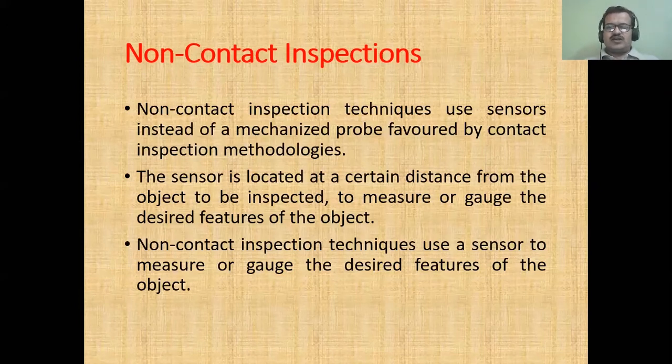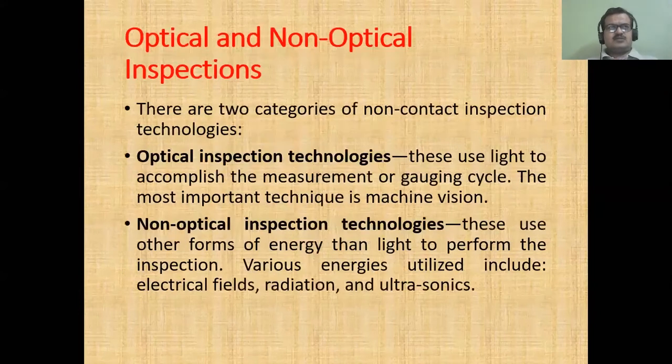The sensor is located at a certain distance from the object to measure or gauge the desired features of the object. These desired features may be dimensions, may be surface finish, may be cracks developed in the surface, or other features desired to be inspected or tested before the product is finally dispatched. Non-contact inspection techniques use a sensor to measure or gauge the desired features of the object.